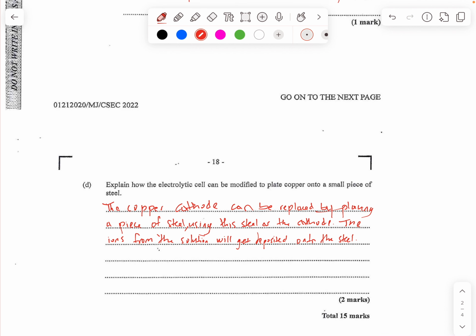And note that for this one we're keeping the aqueous copper sulfate solution unchanged, and the anode is still copper because we do need to get some copper going off into the solution.